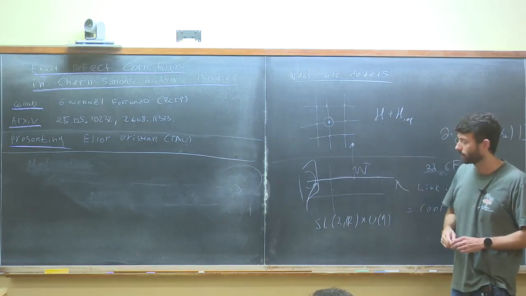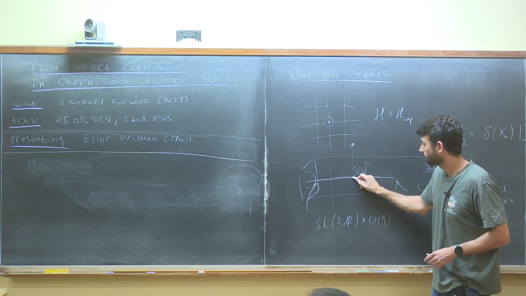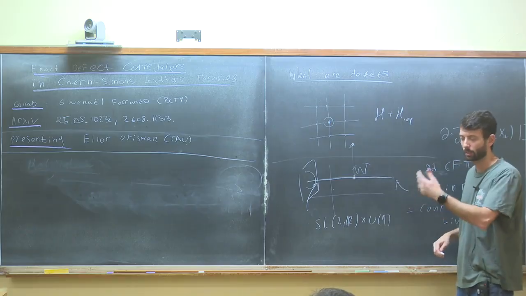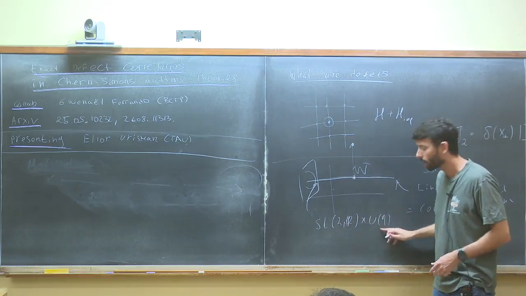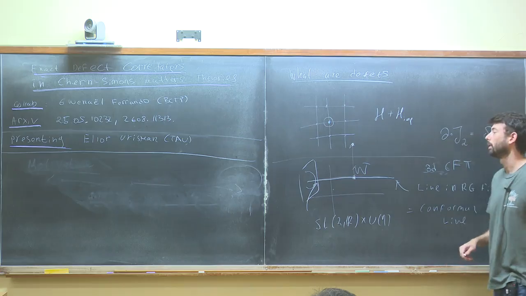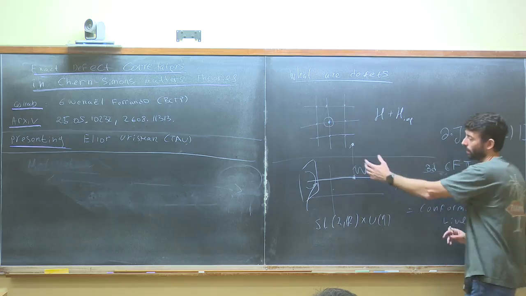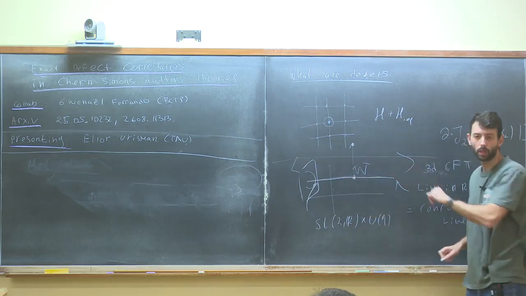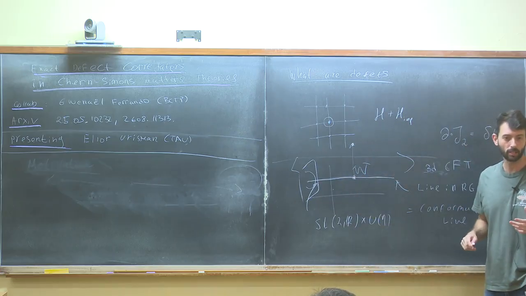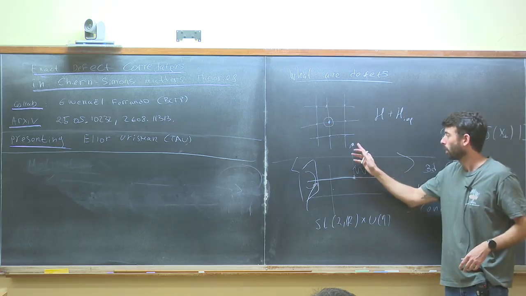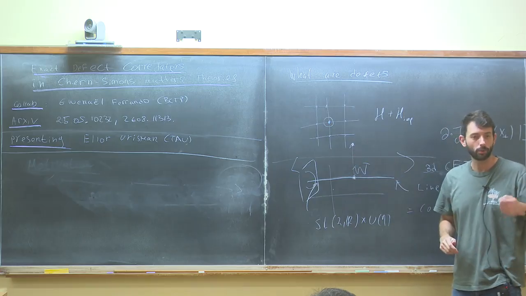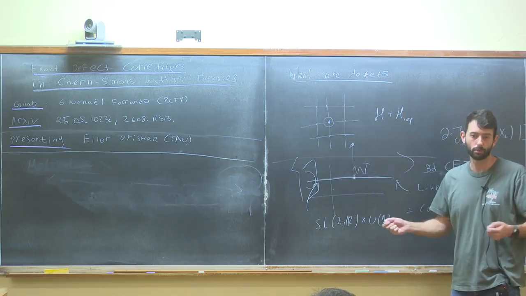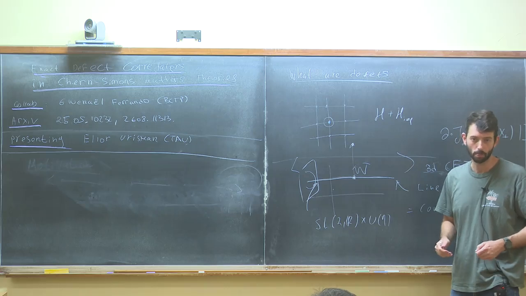You can also have operator insertions on the line, which we call defect operators, and they have dimension. Because there is this SL(2,R), they have dimension and spin. What these correlation functions measure for you is OPE data, a new OPE data type associated to the coefficients that appear when you expand the bulk operator in terms of defect operators.